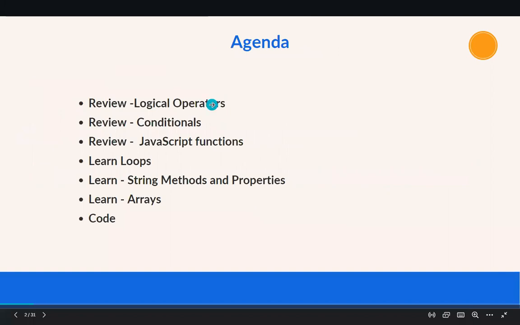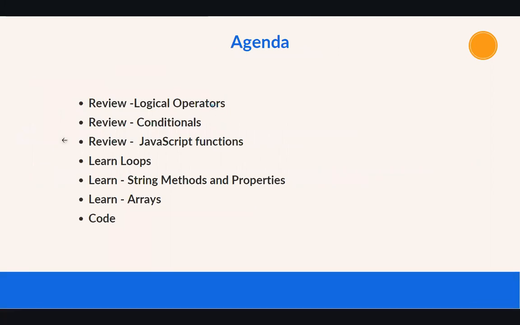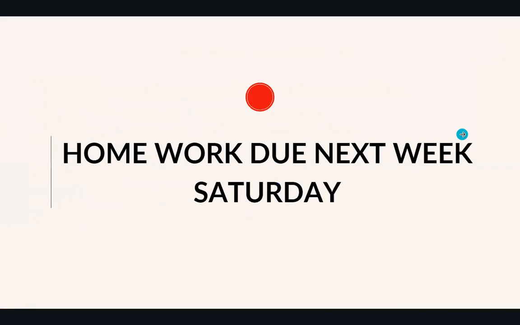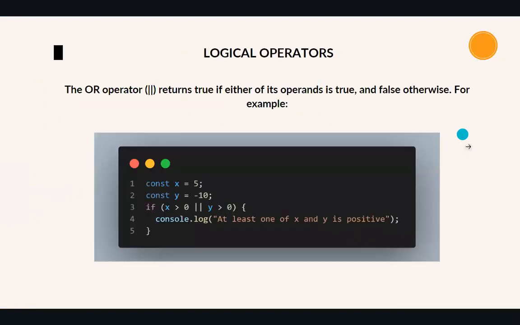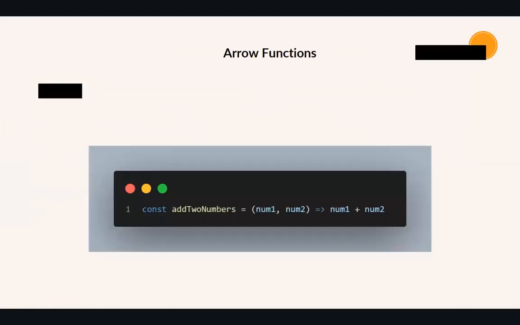Today we went over logical operators. We spoke about conditionals, so how we can do things based on different states. We again looked at functions, arrow functions and traditional functions. We looked at loops, that was our main thing, how we can do things over a number of times. If we want to do things repeatedly, we learned how we can use loops.